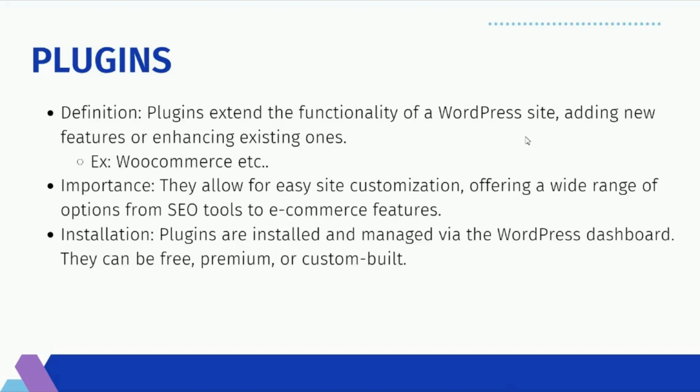Importance: they allow for easy site customization, offering a wide range of options from SEO tools to e-commerce features. Installation: plugins are installed and managed via the WordPress dashboard. They can be free, premium, or custom built. So that's called plugins.